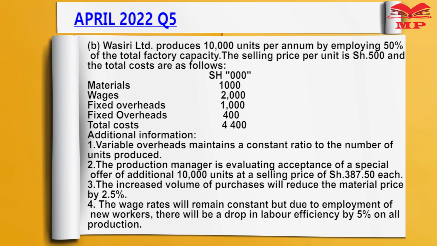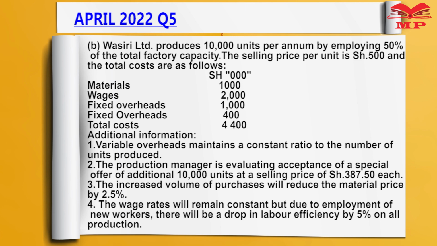So we've been given the total costs for materials, wages, fixed overheads, and then we have additional information. Note number 1, variable overheads maintains a constant ratio to the number of units produced.